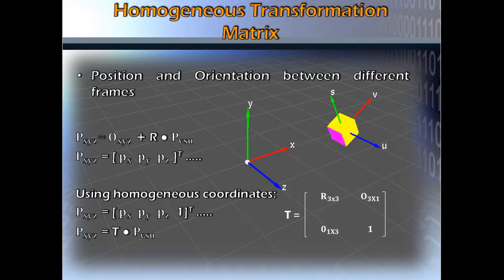This matrix allows us to transform a point expressed in the local frame of the object into a point expressed in the world frame, for instance. Now we are ready to see this mathematical expression in action in our program.